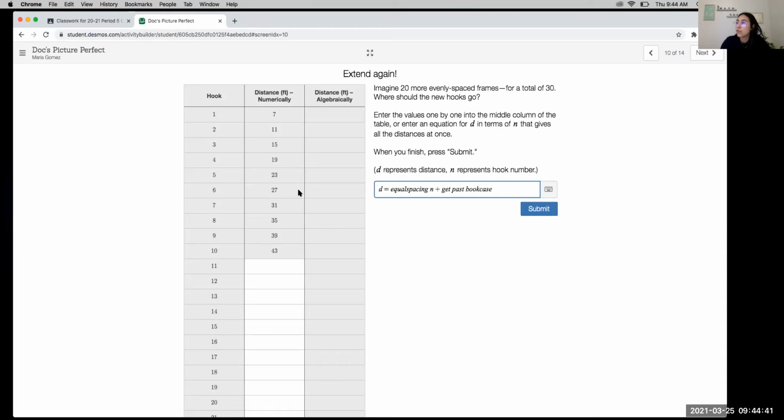So you're just trying to write an equation. Let me give you an example. If I were to do something like 2n plus 1, that equation starts to give me some numbers here. So we're trying to get these numbers to match what's going on in our actual hooks and our distances here. So in front of the n, there should be a number.